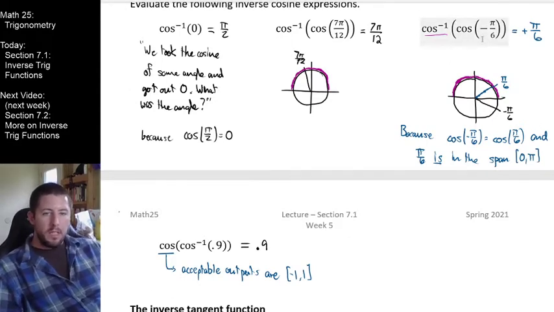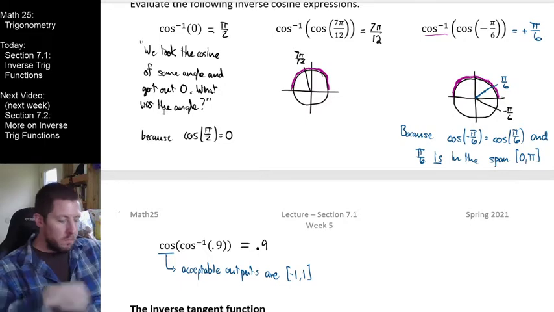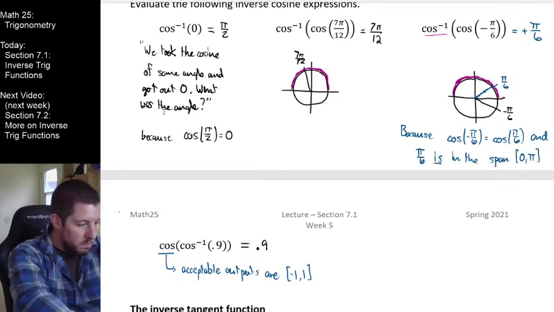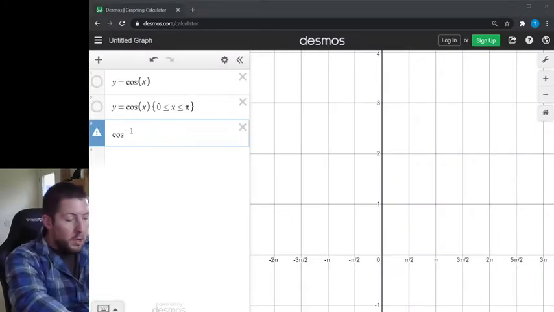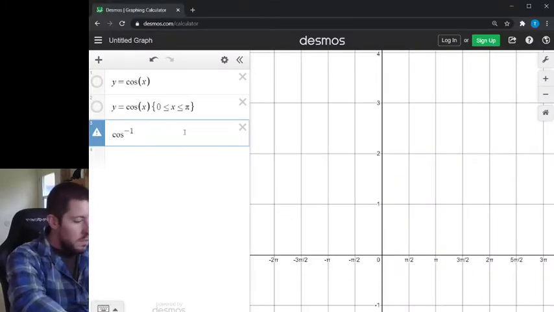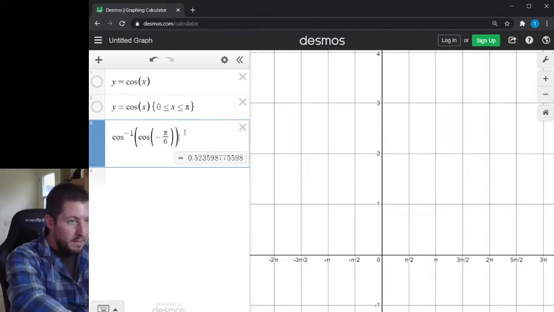So in Desmos, I want to double check this cosine inverse of cosine of negative pi 6. Oop, should switch this over. Cosine inverse of cosine of negative pi sixths. Notice it's giving me a positive number down there.